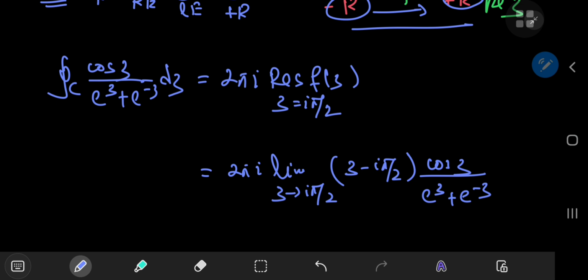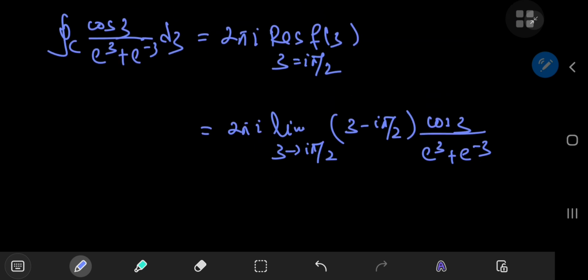That's a bummer, but it's not exactly a problem because we can use some trickery from complex analysis here. You're evaluating the limit as z approaches some complex number z naught of z minus z naught times some analytic function g of z.